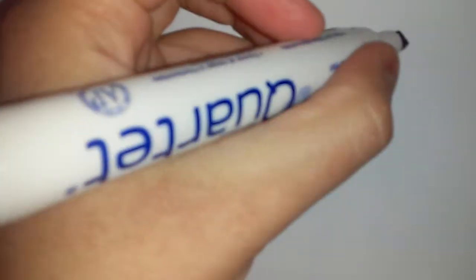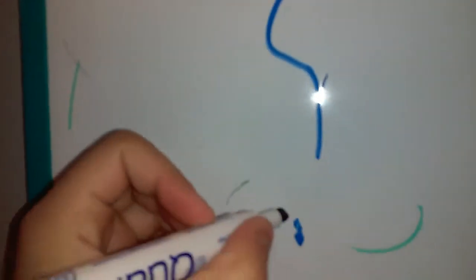Now, let's talk emotions. For this one, let's see if I can switch colors. So what does it mean to have an emotional setting?